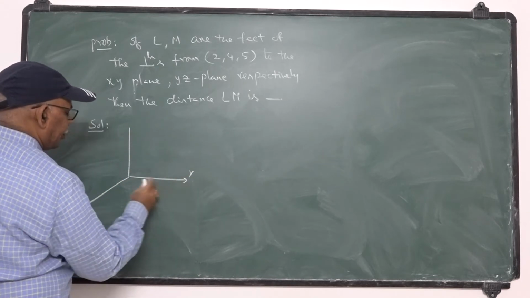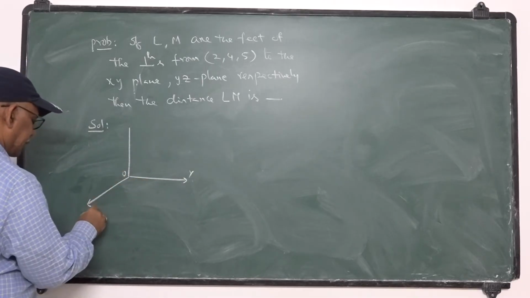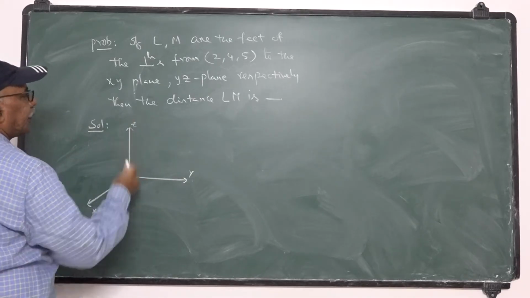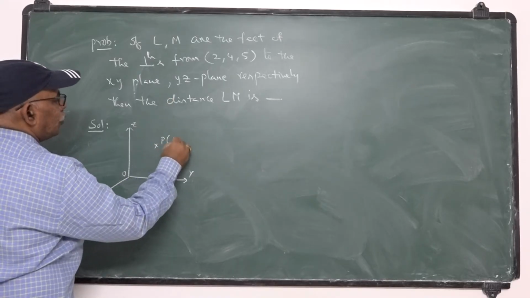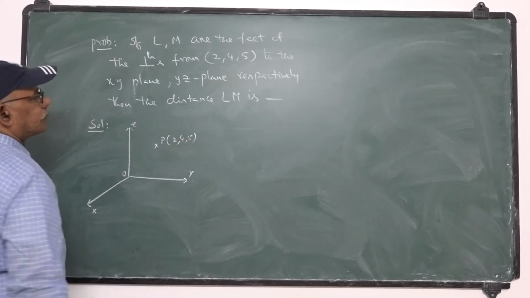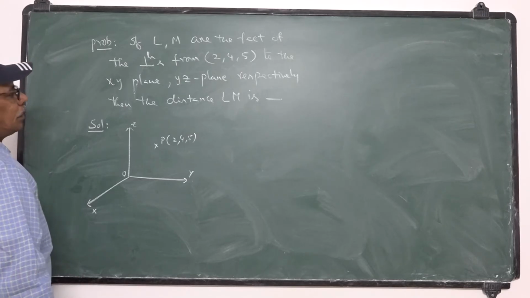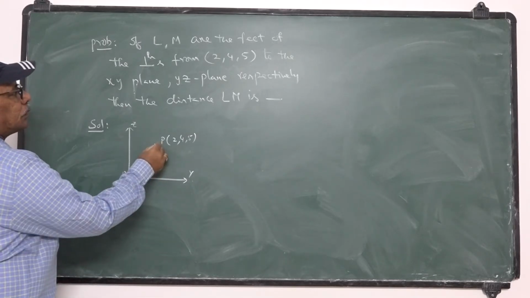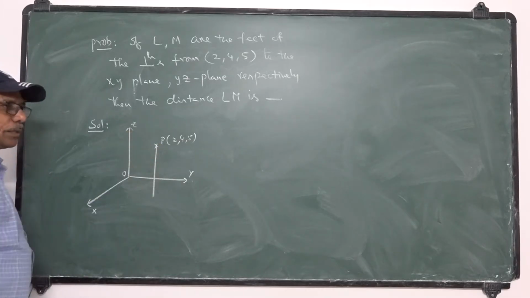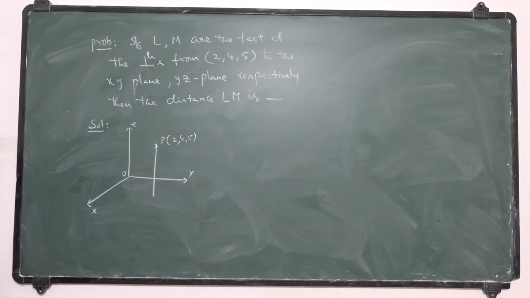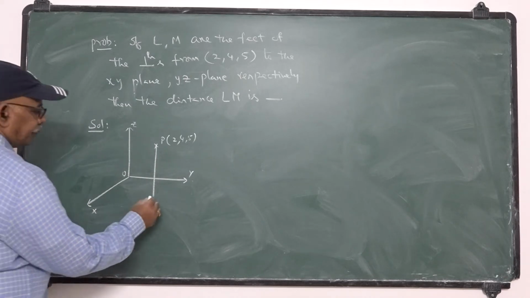Let us take this as OY, this as OX, and this as OZ. Let the point be P, (2, 4, 5). Let us consider the foot of the perpendicular from P to the XY plane.